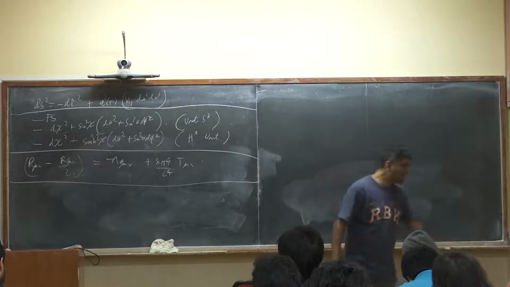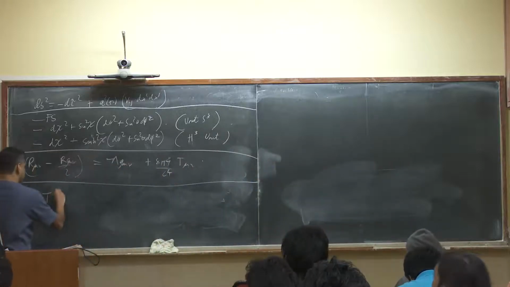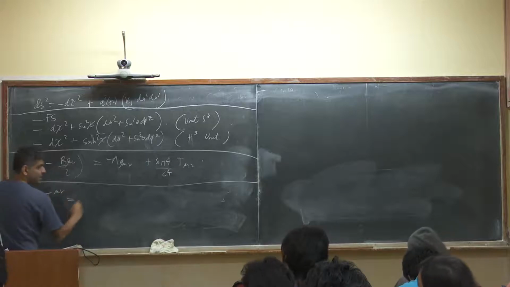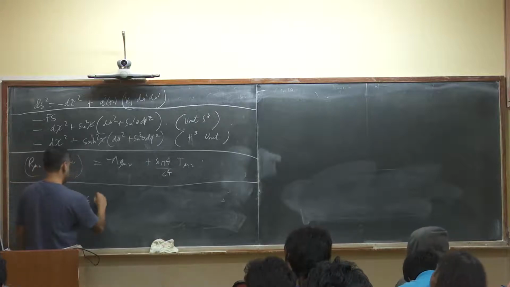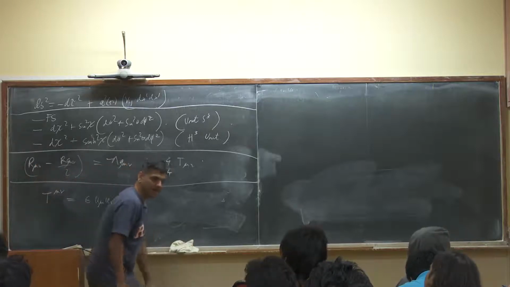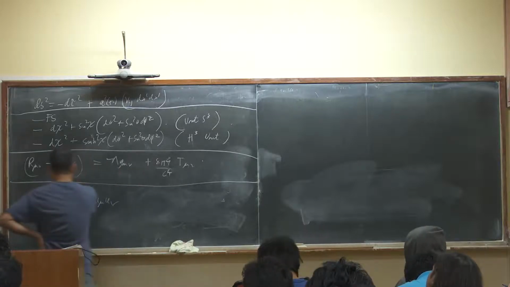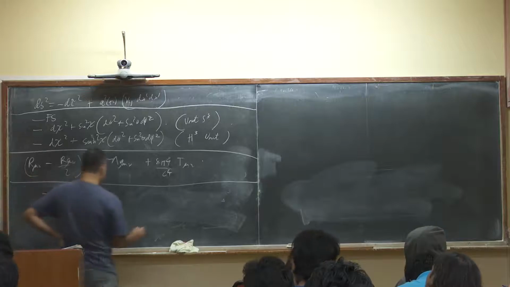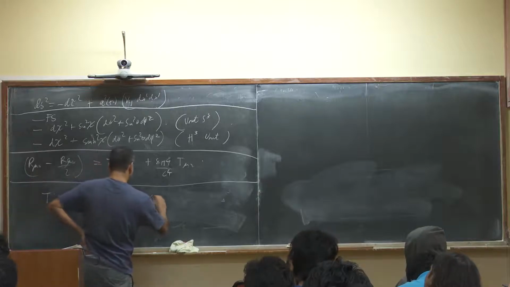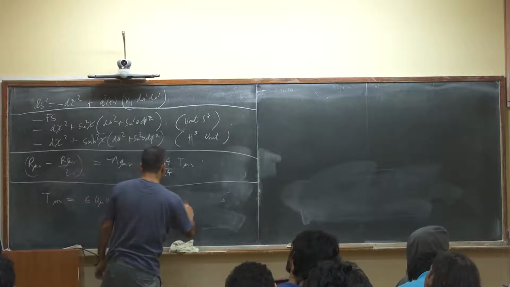Suppose I have a substance such that its T mu nu is given by epsilon u mu u nu plus p into g mu nu plus u mu u nu. I'll tell you what all this means in a moment.